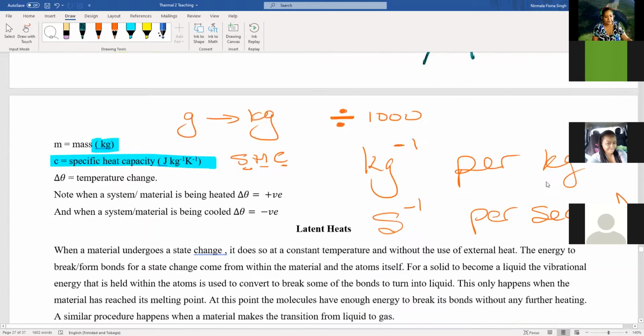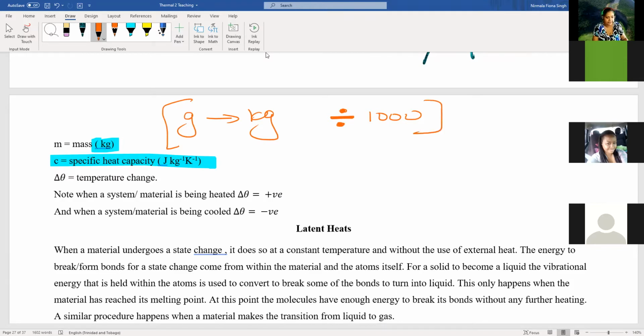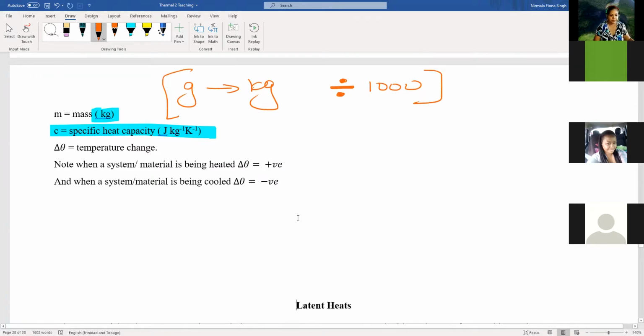Let's look at how we get the units of this quantity. Ladies and gents, please write this down. We want to see how we get the unit for specific heat capacity.